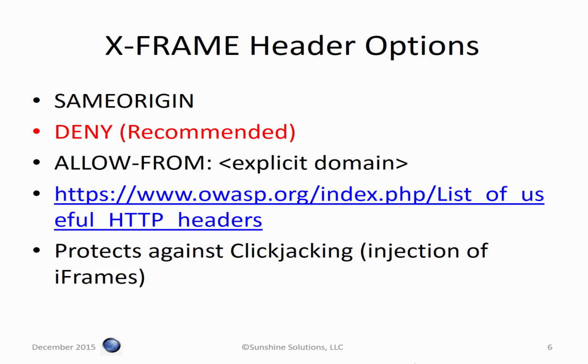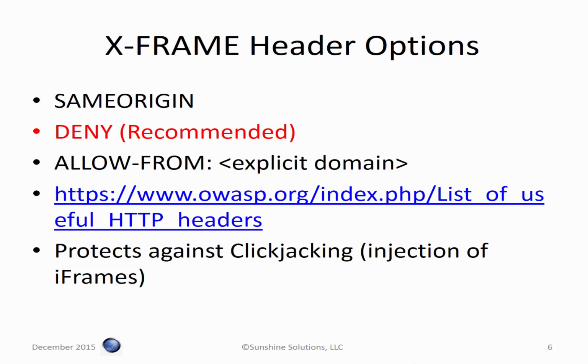And if they don't actually set the value, chances are the default value is going to be same origin. And that's where we get this same origin policy. The thing is, a lot of developers don't even realize that this is a header or what it does, or what it's meant to protect.